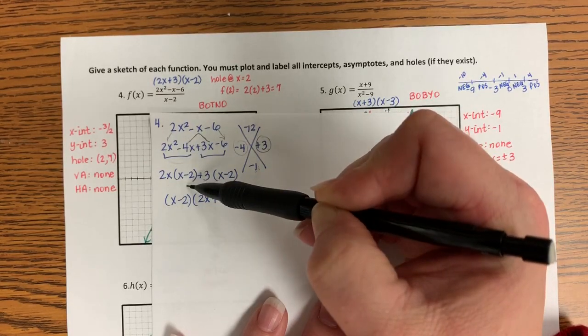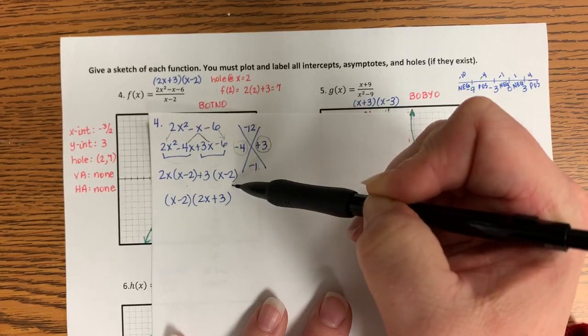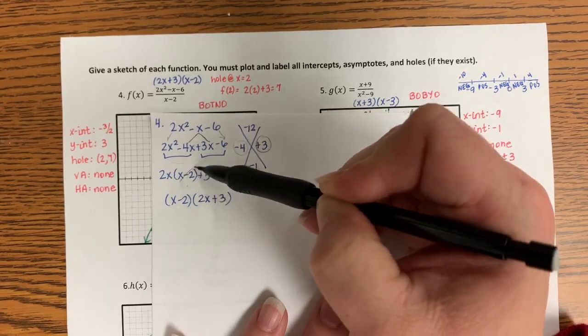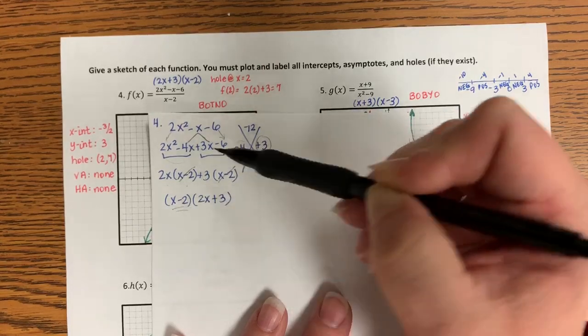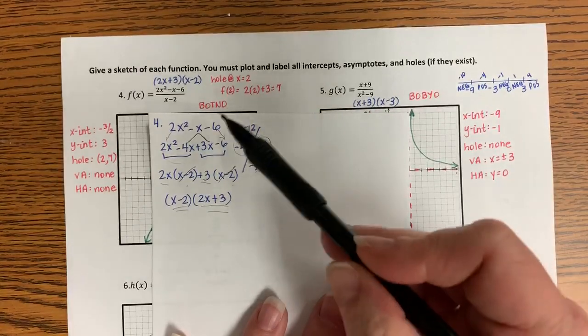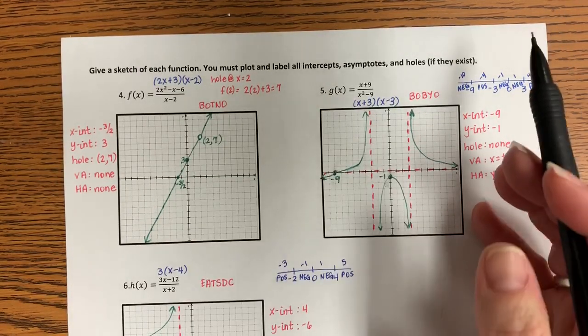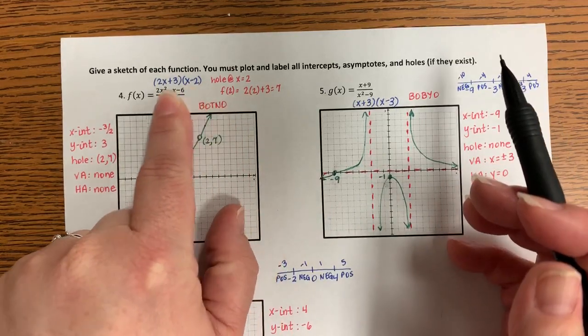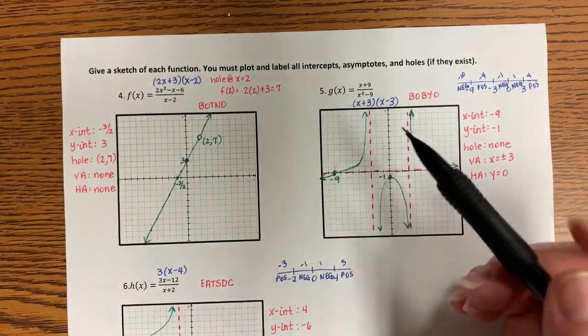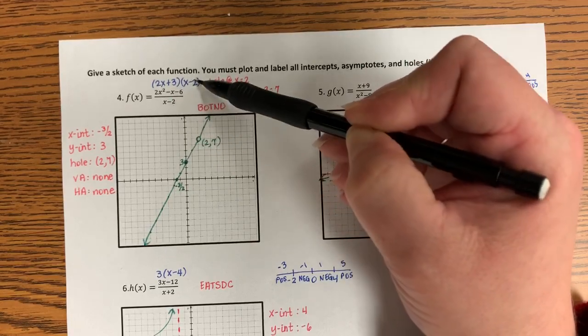You're left with an x minus 2. 3 can come out of both of these terms, and you're left with an x minus 2. So x minus 2 can factor out, and then you're left with 2x plus 3. So this factors down to x minus 2 times 2x plus 3, which I have written here, except just in backwards order. So right away, I can see that I do have a hole at x equals positive 2.